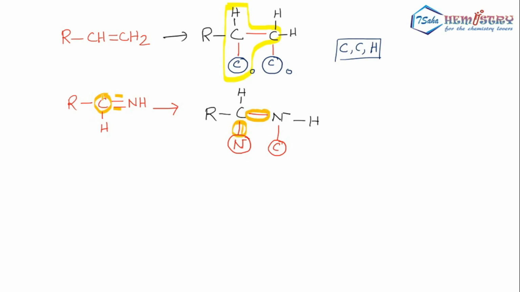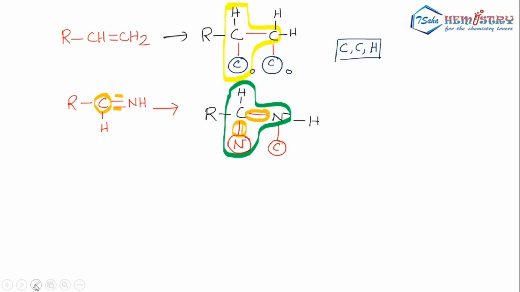As this carbon has a double bond with this nitrogen, in this way we have to break down this structure, and after breaking it down you have to take care of this particular portion, that is, carbon with nitrogen and hydrogen.